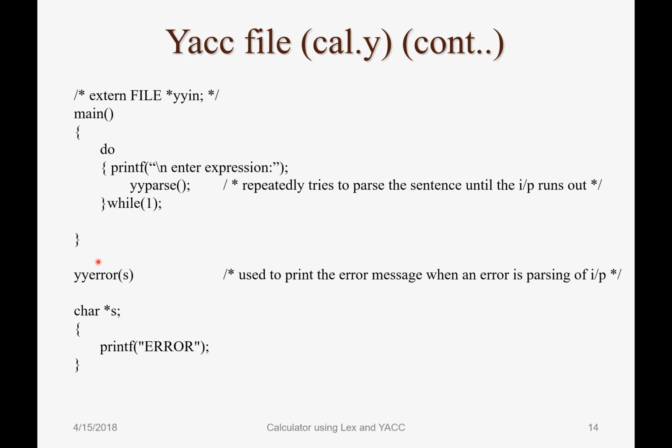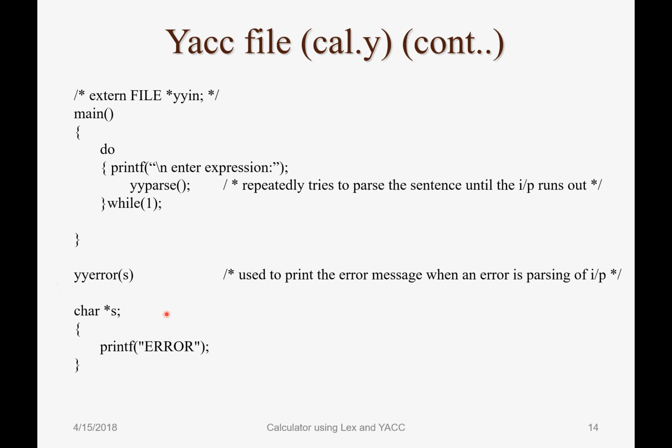Now the next section is the subroutine section. Over here we just wrote one function, the main function, and in that main function we called yyparse in a while loop, because we are giving inputs a number of times. Enter expression means arithmetic expression or scientific expression, and then it shows the output.